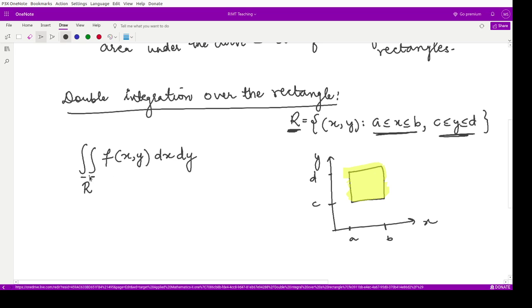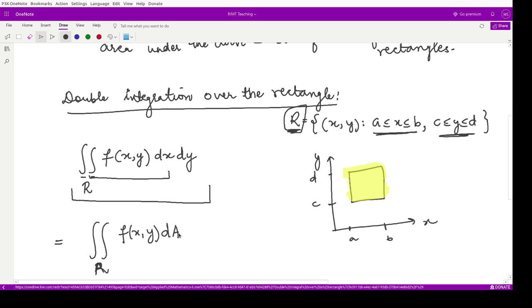One integration is with respect to x and another is with respect to y. So this could also be represented like this: integration over the given rectangle R of f(x, y) dA, where dA is the small area.